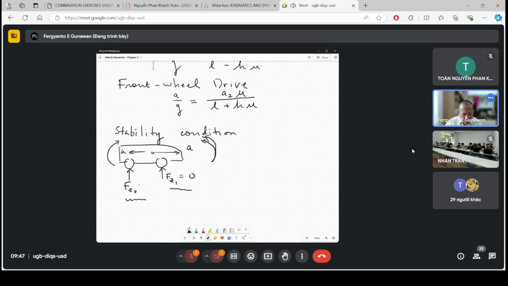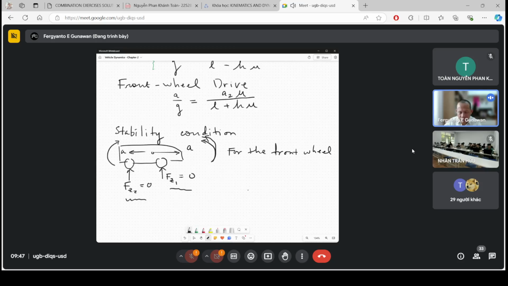And I'm going to write it down here as zero. So from the stability conditions, we can use this very simple equation.